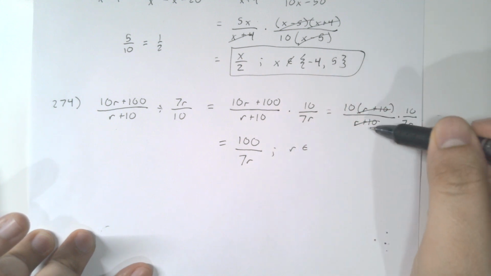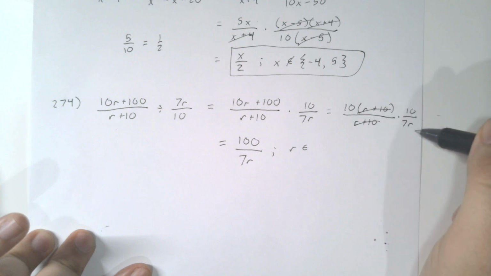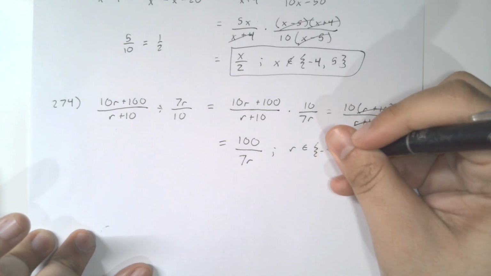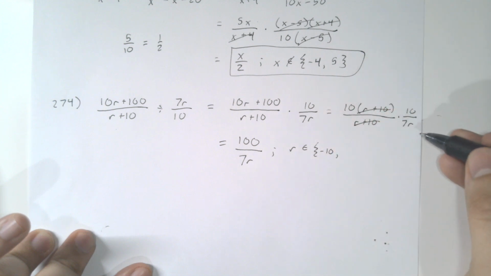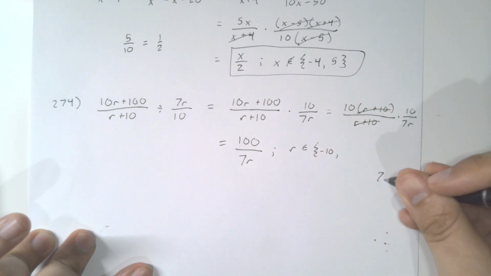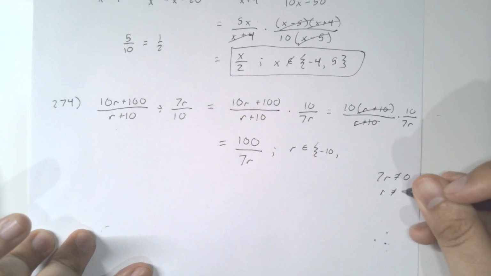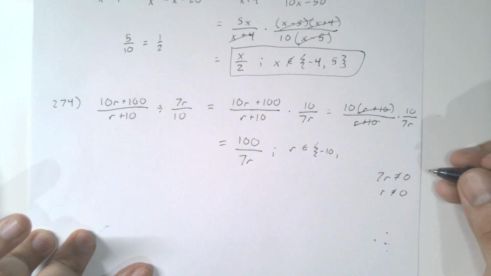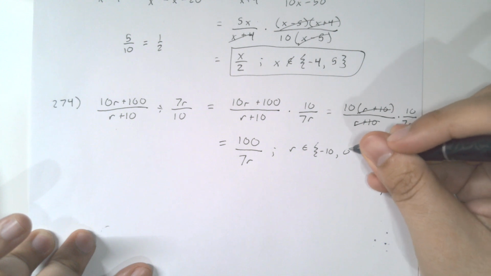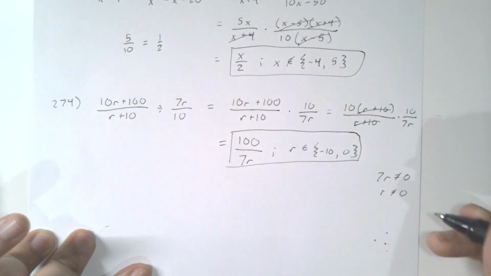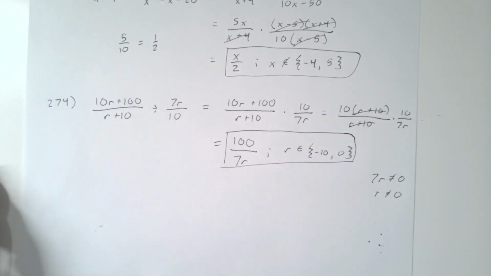Well, we can't divide by 0, so r can't be equal to negative 10. And 7r can't be equal to 0, so r can't be equal to 0. And so those are our two excluded values, and that is our final answer.